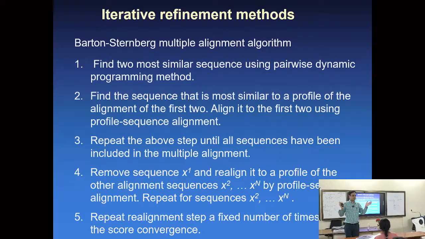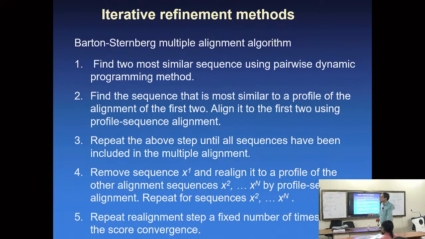Then bring the next sequence which is closest to the group of these two. Then you will have a group of 3, and bring the next which is closest to this group of 3. Then you will have a group of 4, and bring the next until you have aligned all the sequences. So, another heuristic approach.